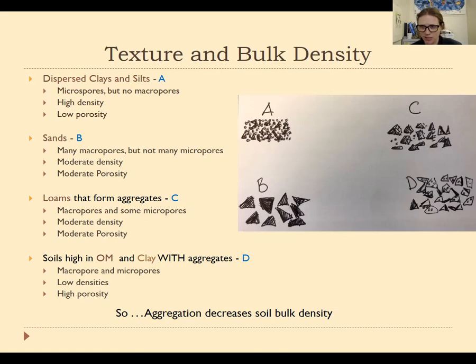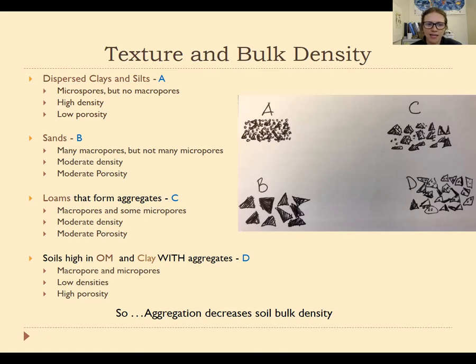My picture C is supposed to show some different size soils grouping up together. In this case, you'll have macropores and some micropores. So you'll have not too dense and fairly good pores, so middle of the road density and middle of the road porosity.